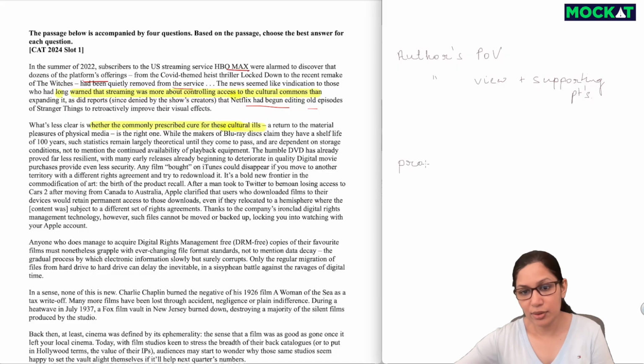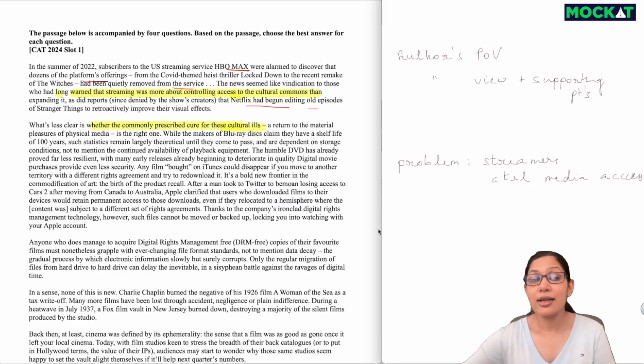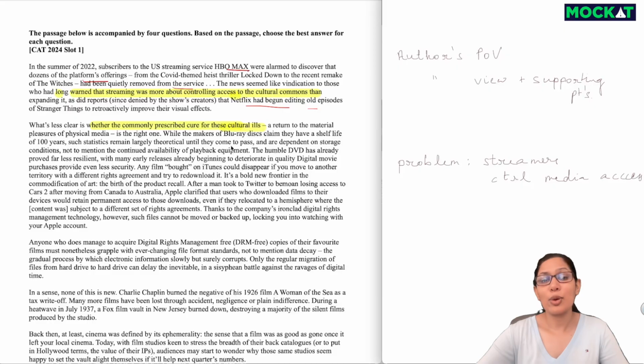So here I have a problem, which is that streaming platforms, I'm going to write streamers in short, control the media, or rather the access to the media, and doesn't look like we have any alternative solution. Why?